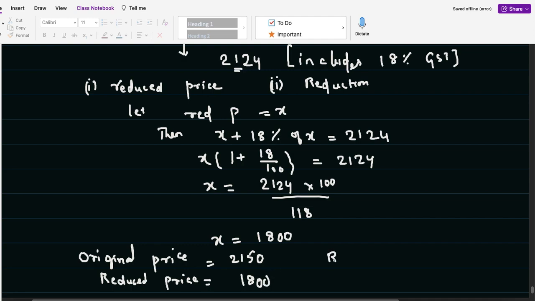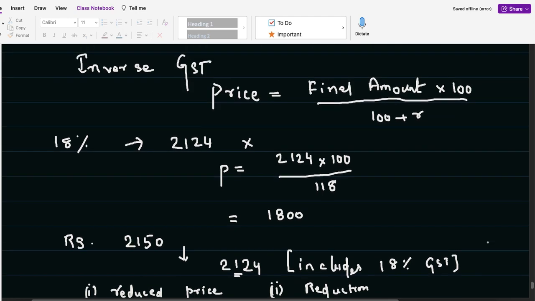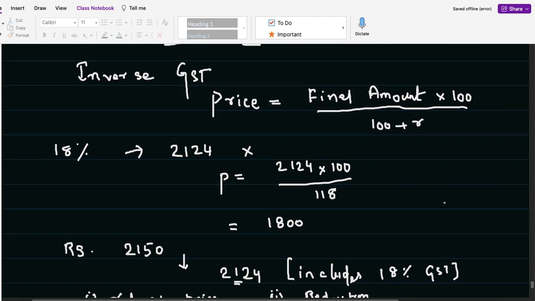The reduction is 350 rupees. Got it? So we know what the reduced price is now. How much reduction? 350 of reduction is done on this commodity. Hope this is clear to you. Only remember this formula. The price will be final amount multiplied by 100 divided by 100 plus the rate of GST.